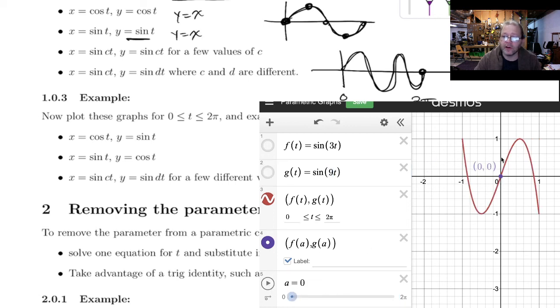It's going to start here, come down to here, go back, then repeat that 3 times, and it's going to do it in the same amount of time, so it's going to move really quickly. So anyway, that's what we get when we start looking at sine or cosine and change the periods there.